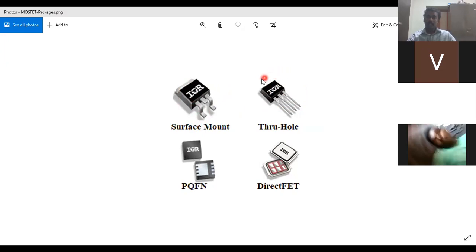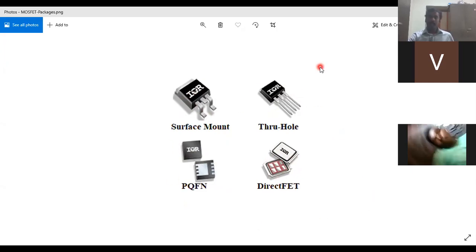The other configurations are advanced configurations, used at the chip level. These are directly fabricated on the PCB board levels. So these are the packaging configurations of the MOSFETs.